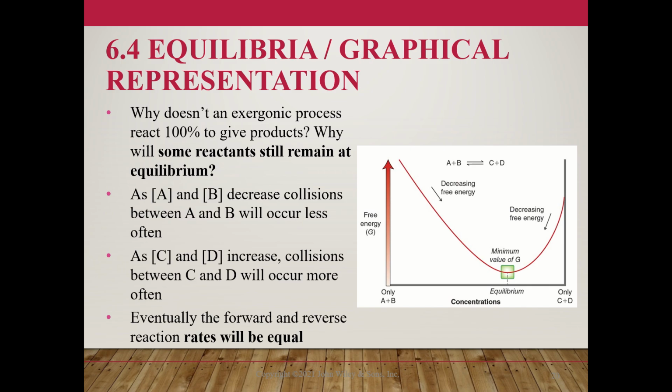And since this is an equilibrium reaction, that would start pushing them back to forming reactants. So as you are having less and less collisions for the reactants, its free energy is decreasing, and as you are having less and less collisions of products, their free energy is decreasing until you reach a minimum value of delta G, and that would be your equilibrium value.